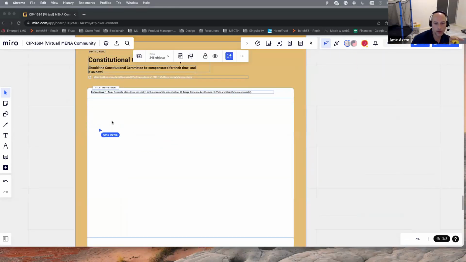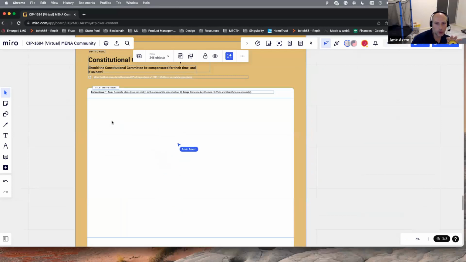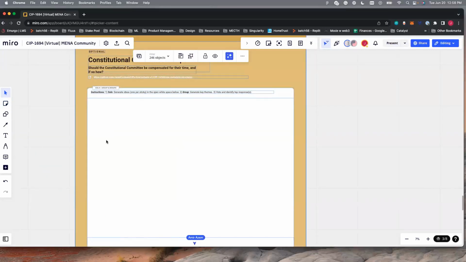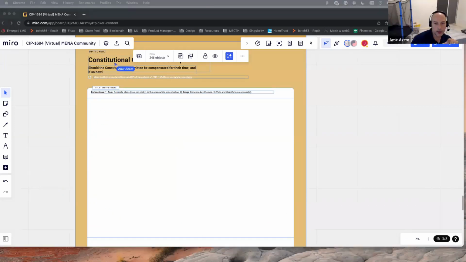Just really quickly, it can help add one more piece of information, or it's up to you. I have no idea about the constitutional committee, to be honest with you. Can you repeat, Amir, what you said? You know, Anna, I was thinking there's the other group, other than the DReps, there's the constitutional committee. Should they also be compensated for their time, and how?